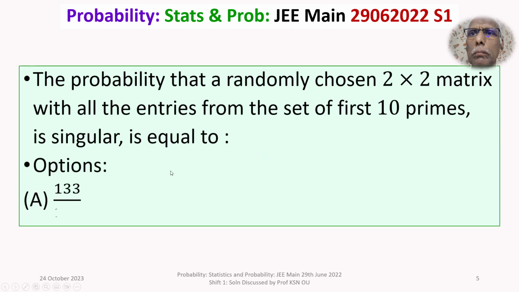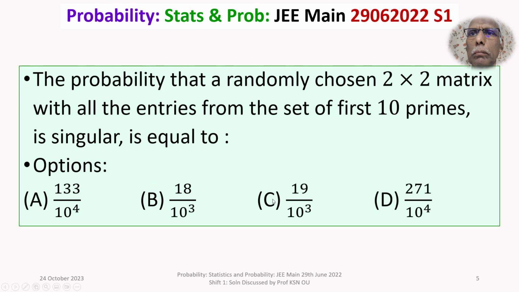We are given 4 options, here are the 4 options, option A, B, C and D. We are required to find the probability that a randomly chosen 2 by 2 matrix with the entries coming from the set of the first 10 primes is singular.